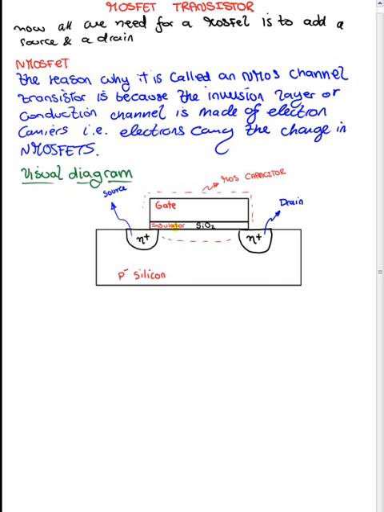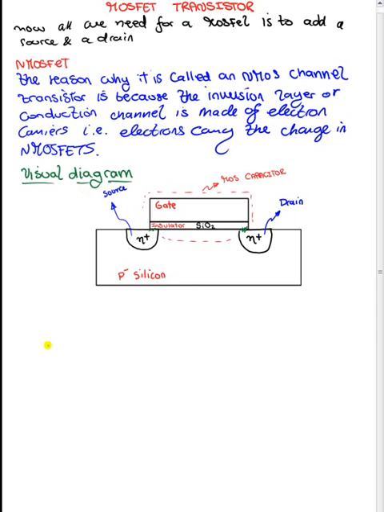But then you see that there is an intersection between the gate, the MOS capacitor right here, and the source in this little piece right here. And then you have an intersection too between the MOS capacitor and the drain right here, right? And that will become very important later on.